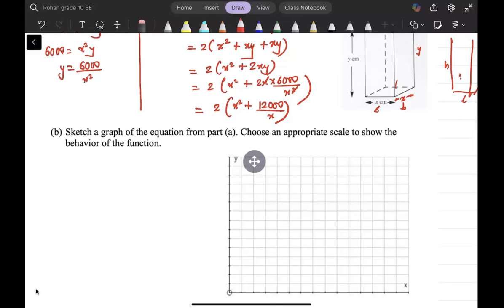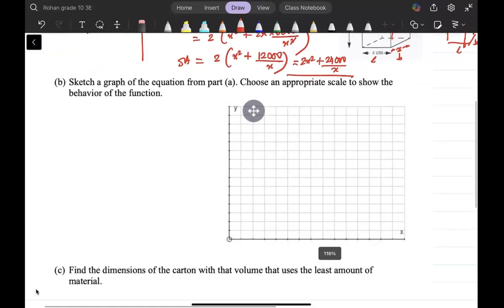And then you can cross out. Is that it? You can't do anything more? Yeah, you can. At most you can make it 2x square plus 24,000 upon x. At most you can do this. Not anything else.